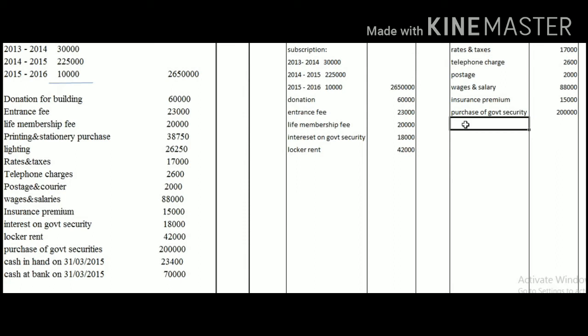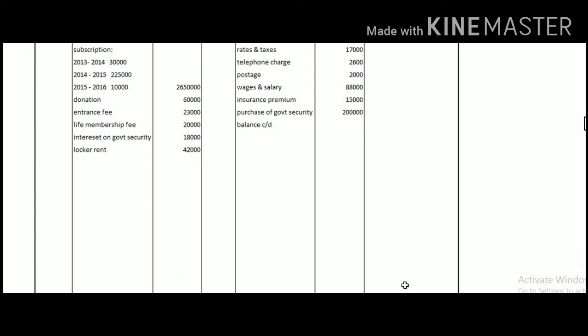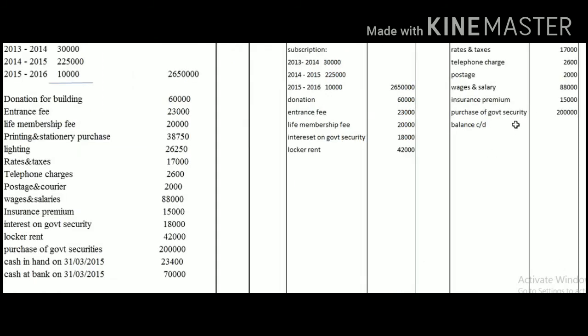So in the last step, on the payment side, you have to write the balance carried down, the closing balance of cash in hand and cash at bank. Balance carried down, then the first one is cash in hand.